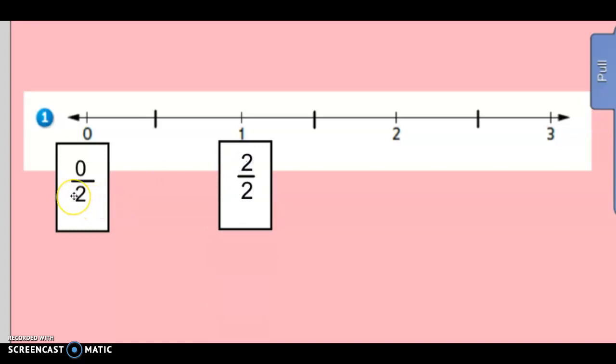If 0 is 0 halves and 1 is 2 halves, where is 1/2? Point to it on your paper or on your screen. That's right, 1/2 is in the middle. Each tick mark counts 1/2.